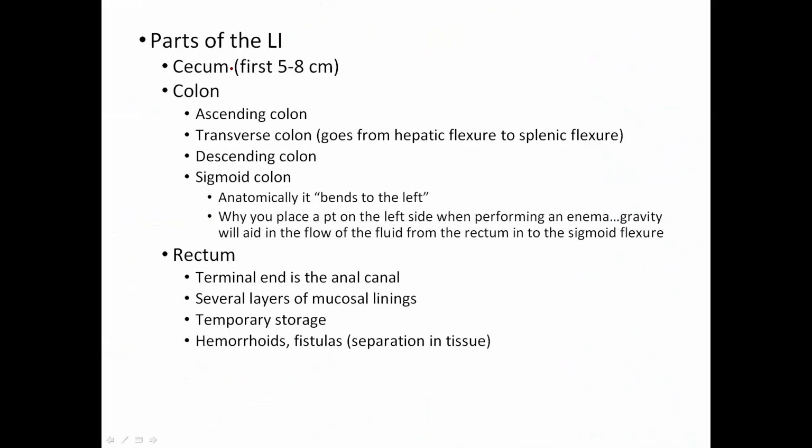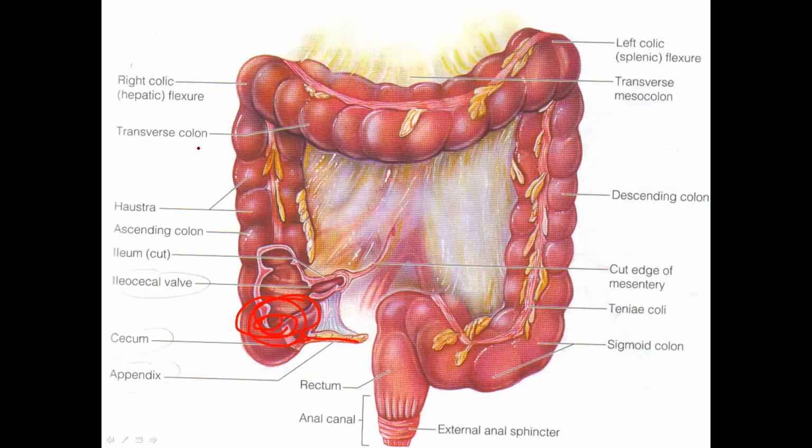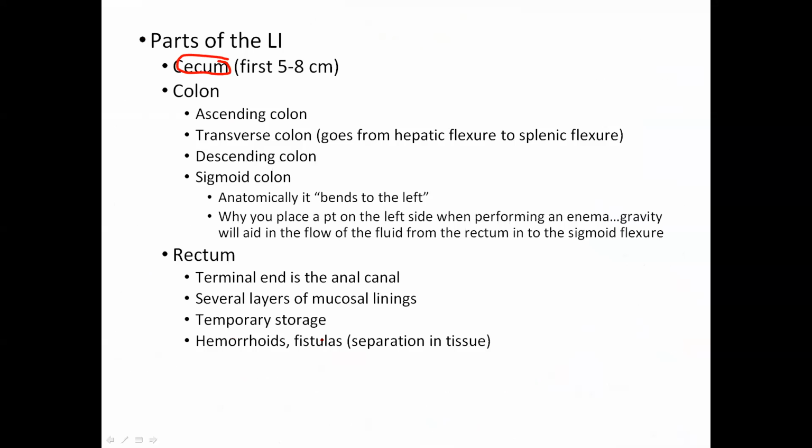Okay, another name for the large intestine is the cecum. This part tends to be the cecum right there. So thus the ileocecal valve. The large intestine, also known as the colon, has those parts: ascending, transverse, descending, and sigmoid.